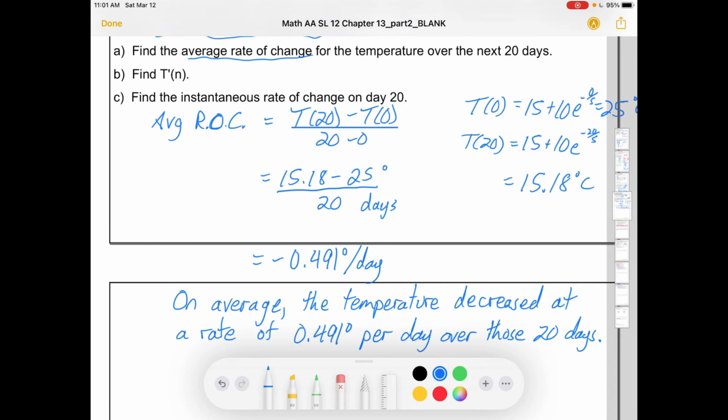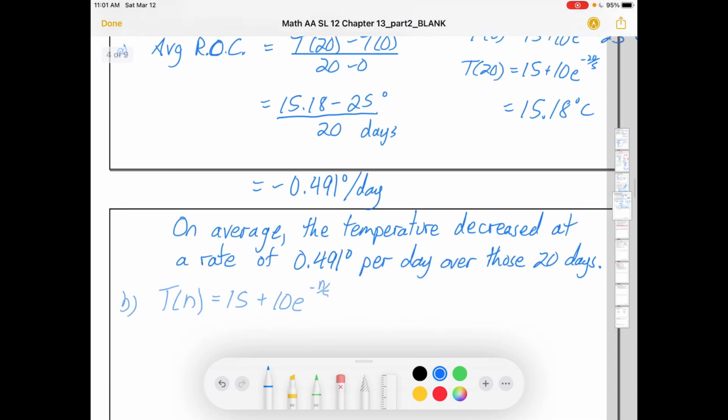Now let's deal with the calculus side of things. T of n is 15 plus 10 times e to the negative n over 5. So that means the same as 15 plus 10 e to the negative 1/5 times n, if you want to think of it that way.